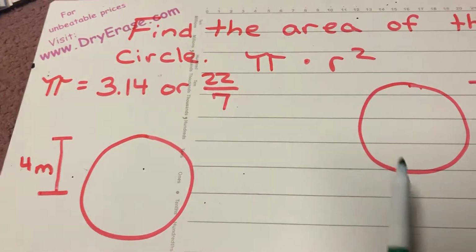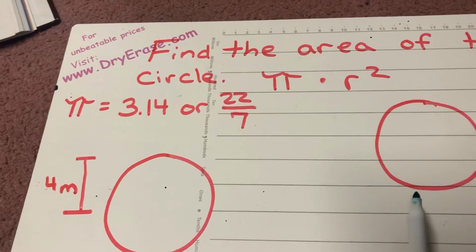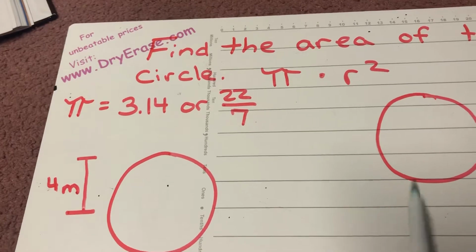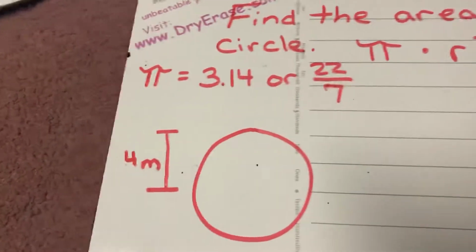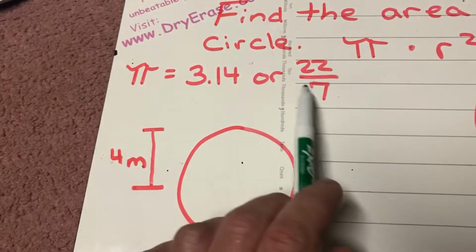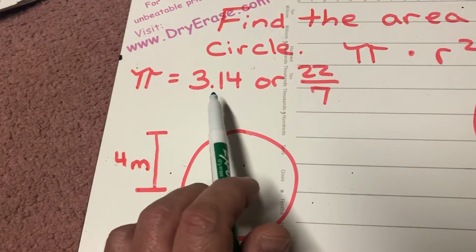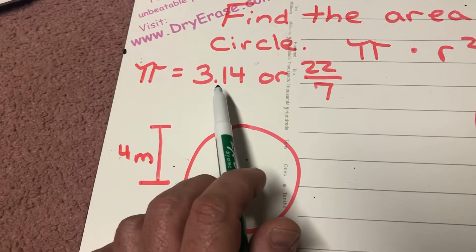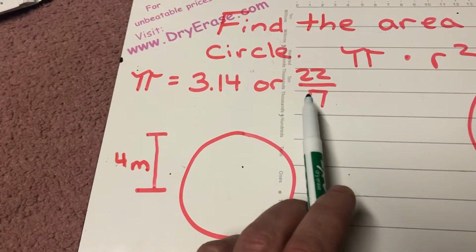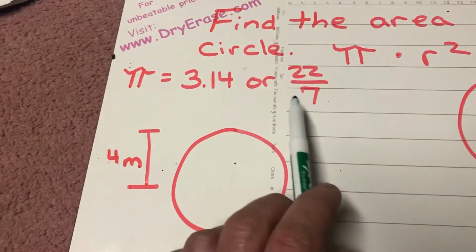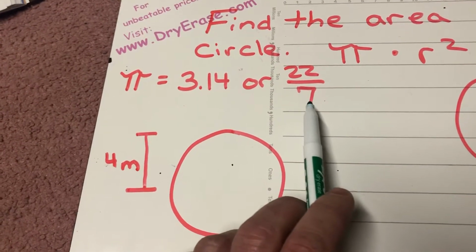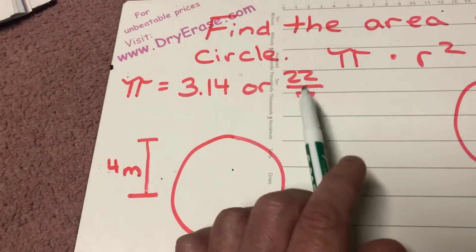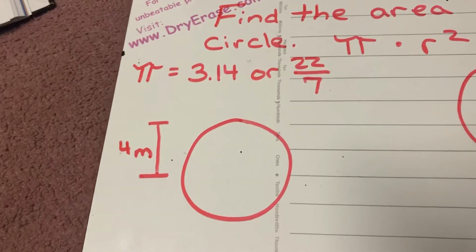So we square the radius, and remember radius is half the distance across the circle going through the middle. And so we square that, multiply it by pi. Now pi, these two numbers are not exact, but they're very close. As a decimal, we'd use 3.14, and this is what we will typically use unless the radius squared is a multiple of 7, because then we can use 7 to cross-check, and so we'll use 22 over 7.